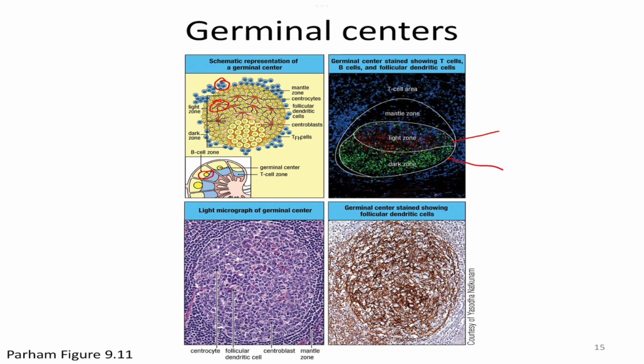You can also notice that the dark zone has a larger density of cells than does the light zone. That's actually why it's called the dark zone. It's so packed with cells that the light can't go through, and so it looks darker under a microscope, where the light zone has a smaller density of cells, so light can go through more easily.